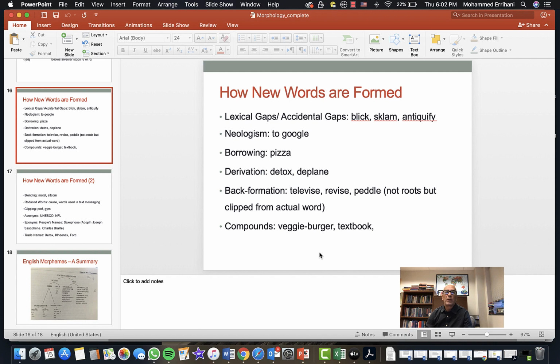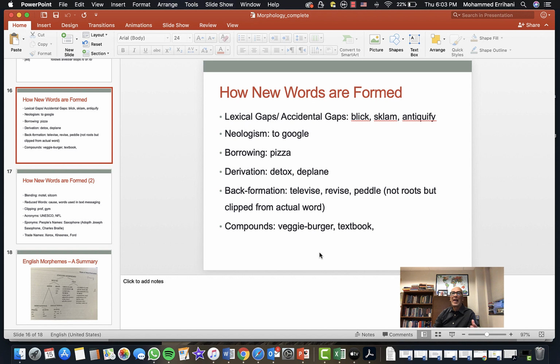The new words have something to do with our ability to make distinctions between possible or impossible combinations of morphemes. For example, when you have the word system, if somebody tells you unsystem, you know that that's not English. However, unsystematic, you know that it is an English word.